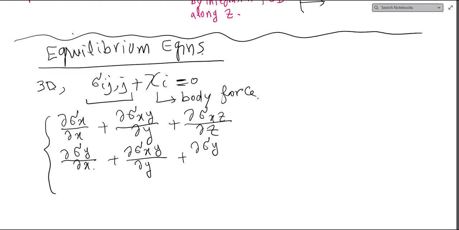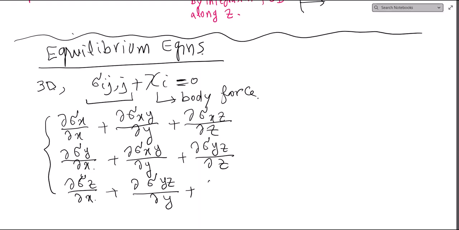And finally, for the z component, sorry, this should be yz, sigma y, plus sigma z, equal to 0.